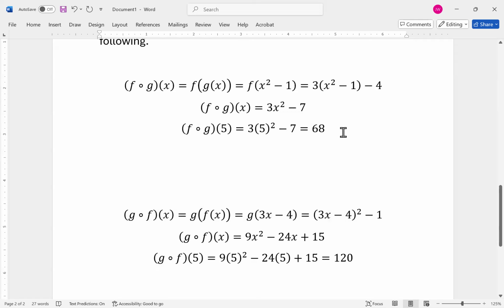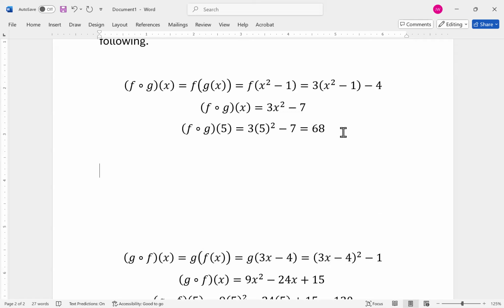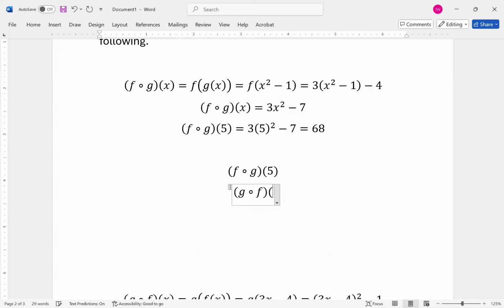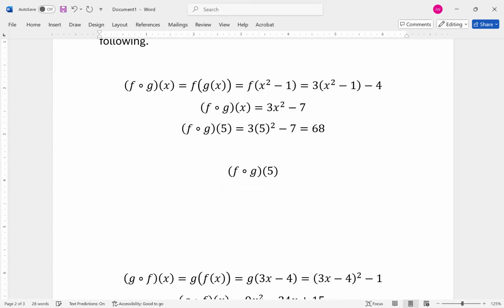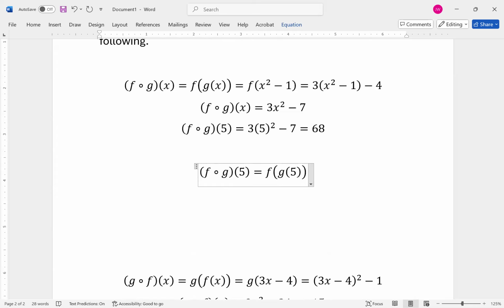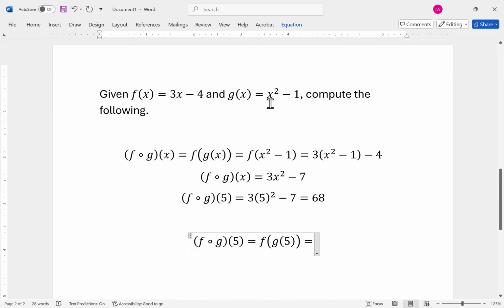Another way I could have done this is I could have found f of g of 5. Let's start here. By saying, what is g of 5? And then plugging that in for f. So g of 5 is what we get when we plug in 5 into g. 5 squared minus 1 would be 24.